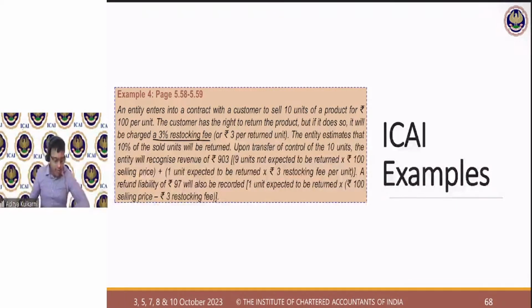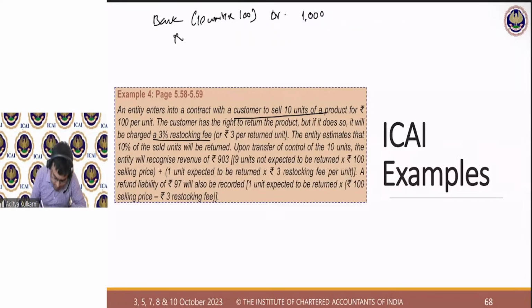So now let us look at the journal entries that we are passing. First one is you are entering into a contract to sell 10 units of a product. So now the entry will be: bank account debit, ten units into 100, so this is going to be 1000.